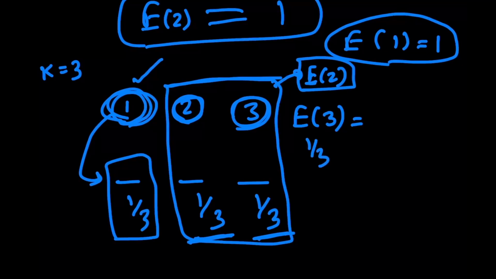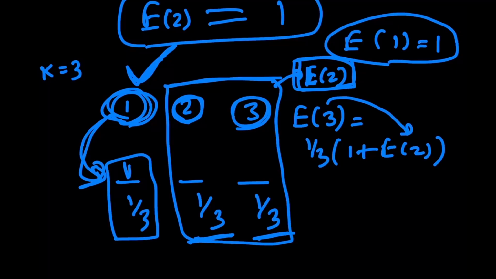So there's a 1 by 3 chance of taking this edge times the expected number of matches that we get using this edge, which is 1, because 1 goes into the correct spot, plus the expected number of matches we'll get for E of 2. And over here, you're starting to see why recursion is used, right? But let's go on for now.